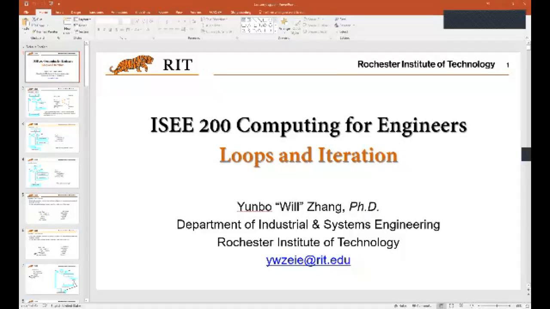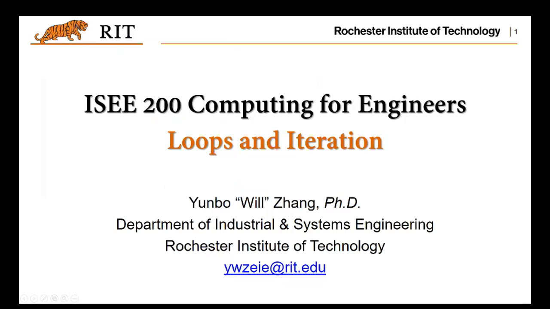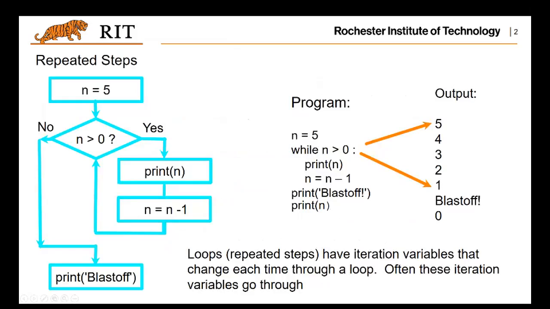All right, so in today's lecture, let's still focus on loops and iterations. In the last lecture, we introduced the concept of a loop. Basically, in a loop, you are repeating something, and in each of the steps, you will do something and change something.